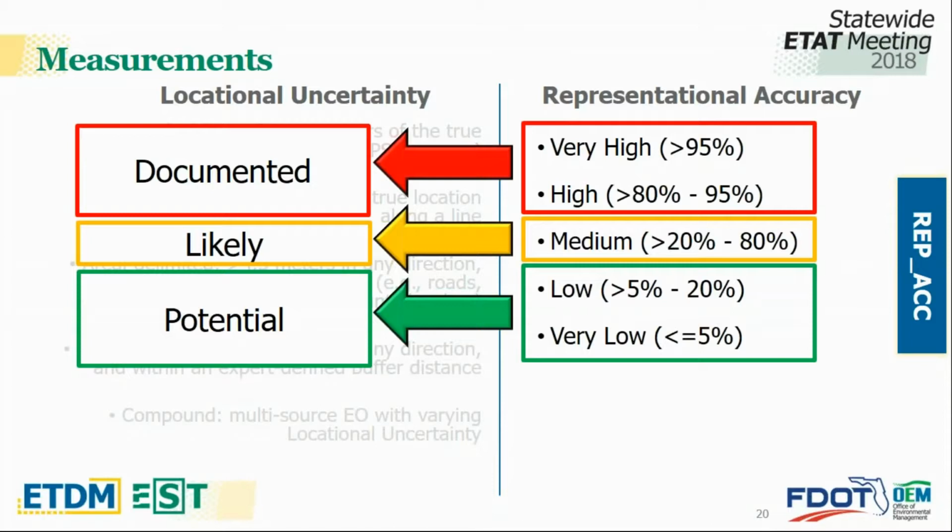So when you see the names of the data layers, documented, likely, and potential, these were separated out based on that representational accuracy. When you're looking at the documented element occurrence layer, you know that the representational accuracy is greater than 80%, versus potential, you know that it's going to be less than 20%. So you're already going to have some understanding of how accurate that data is based on which layer you're using.